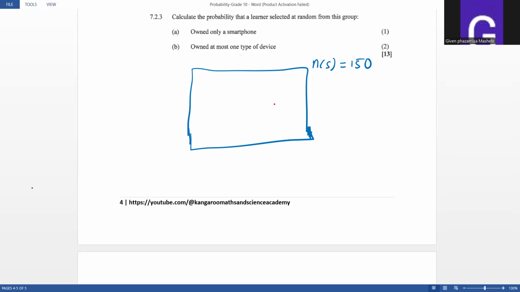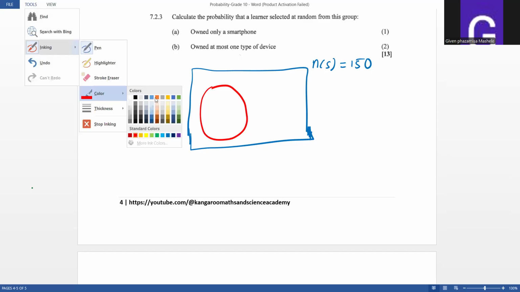So we're going to have a smartphone, and the other part will be tablet. Let me use a different color. So let's say this is a tablet.